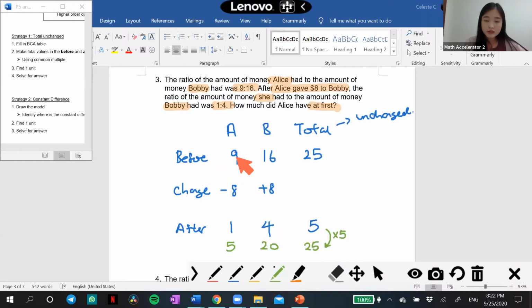Right, so Alice, 9 units at the beginning and 5 units at the end. So how many units were taken away from her? 9 units minus 5 units? Yes, 4 units.